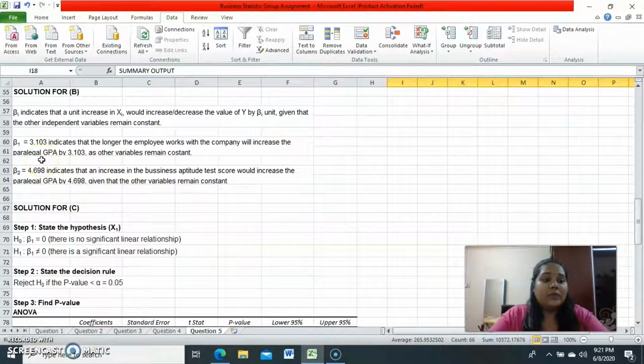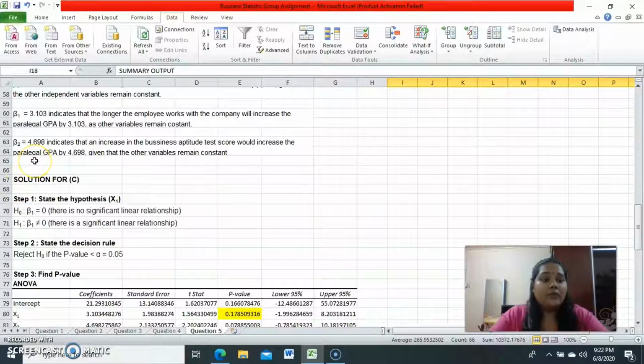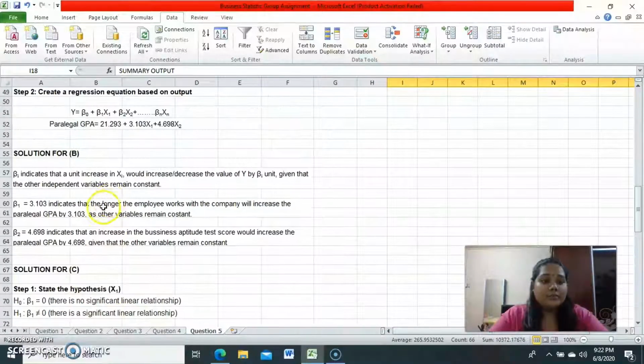Beta 1 equals 3.103 indicates that the longer the employee works with the company, the parallel GPA will increase by 3.103 as other variables remain constant. Beta 2 equals 4.698 indicates that an increase in the business aptitude test score will increase the parallel GPA by 4.698 given that the other variables remain constant. So this will be the solution for part B.